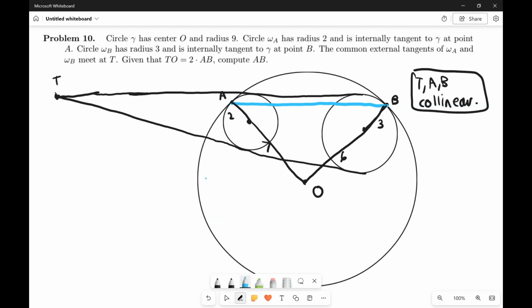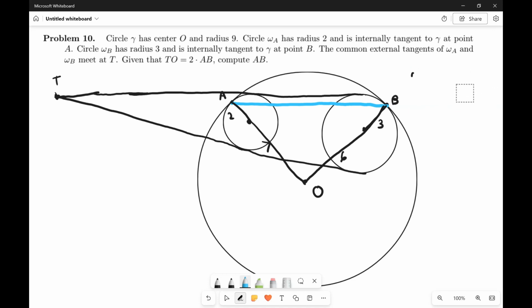If we have something like this, the external tangents come here. And if we have something like that, then the external tangents are there. The point is that when we get it to be extremely close to the circle, the intersection of the external tangents is basically A. And similarly for point B, and we have point T here. Thus by Monge's theorem, T, A, and B are collinear.